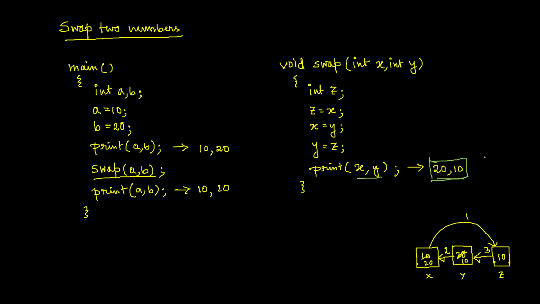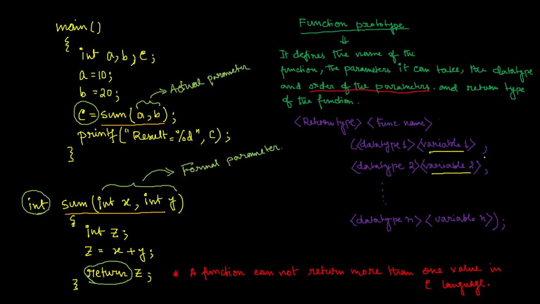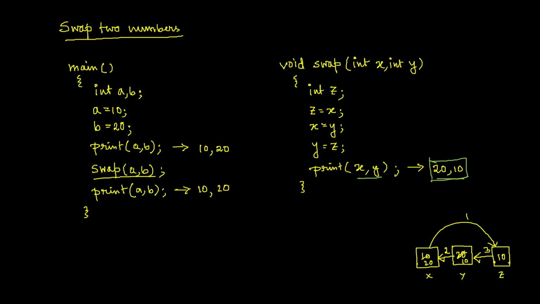But if you go back to the previous class, I discussed a very important observation, that a function cannot return more than one value in C language. That means with return you can either return x or y or z, but it's not sufficient. So you cannot write a return statement here.